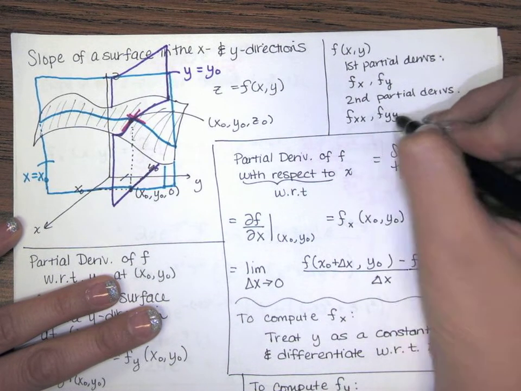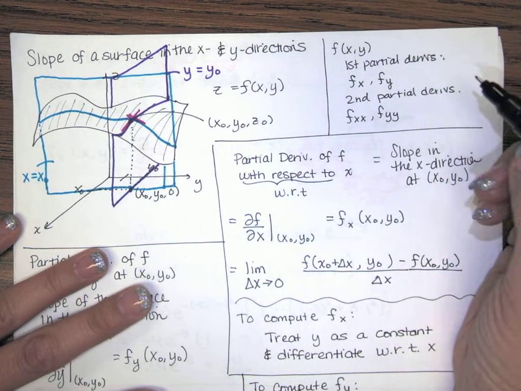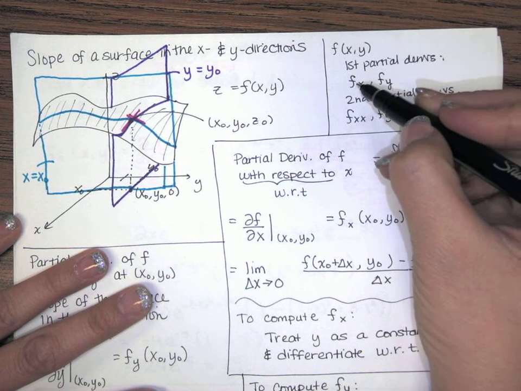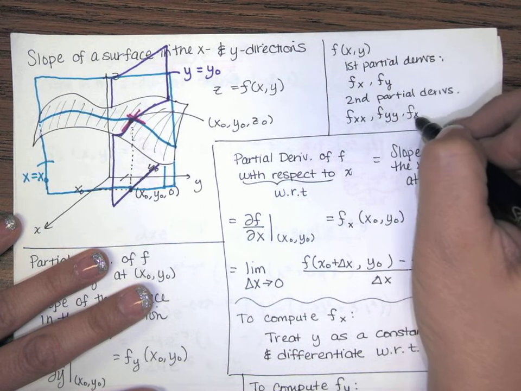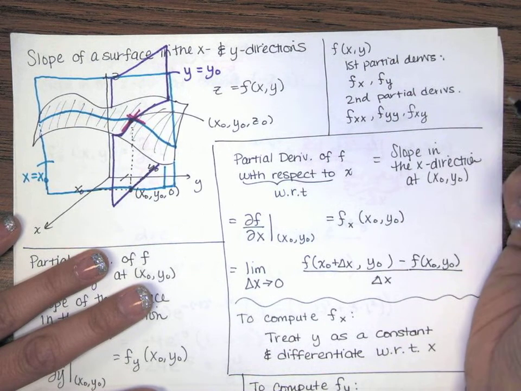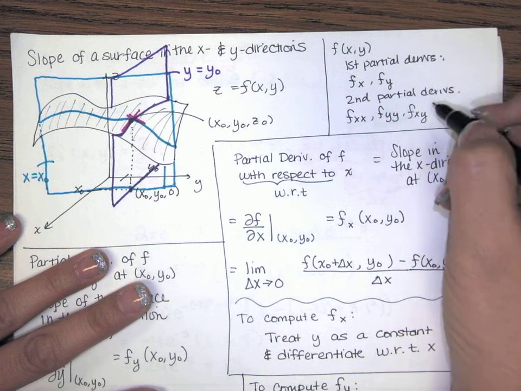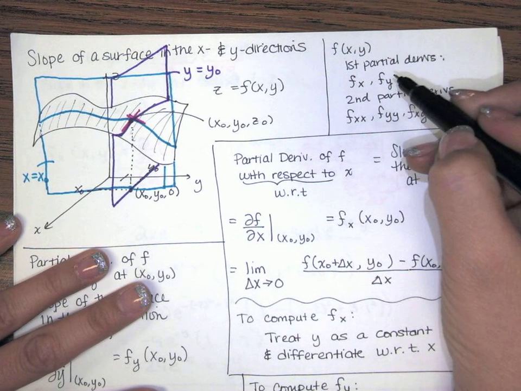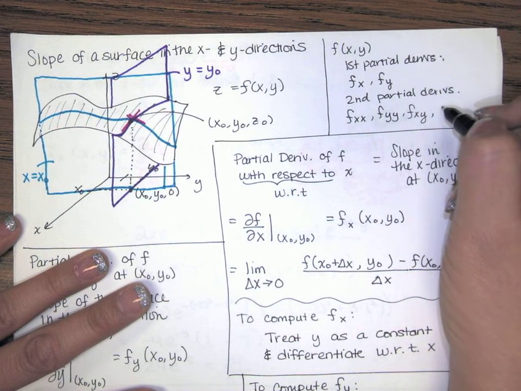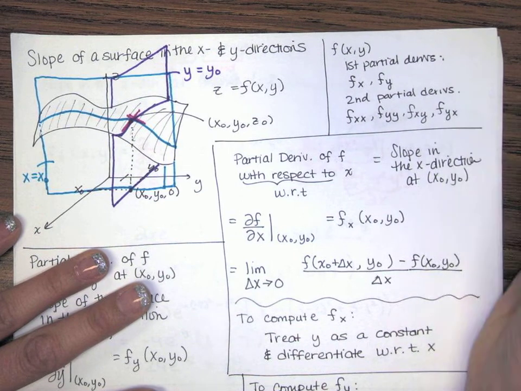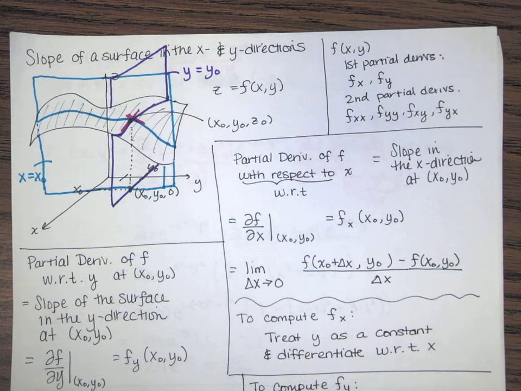So it's called the second partial of f with respect to y. Or I can take this derivative with respect to x and take its derivative with respect to y, so I get that mixed partial. That's what we call it when the variables are different down here, mixed partial. Or I can take the derivative with respect to y and take its derivative with respect to x. That is another mixed partial.